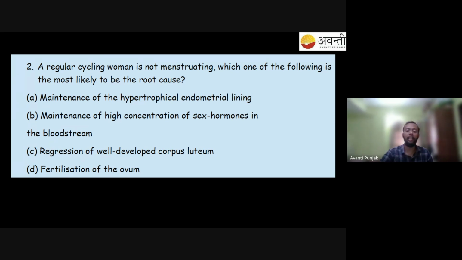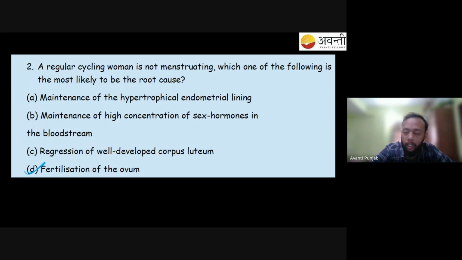Okay, so a regular cycling woman is not menstruating. Which of the following is most likely to be a root cause? If menstruation suddenly stops in a woman whose cycle was regular, one of the common reasons for this is fertilization of the ovum. If the ovum gets fertilized, you will find the menstruation will stop. Simple.